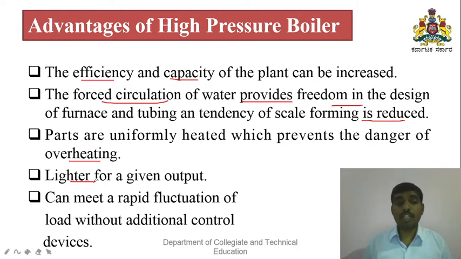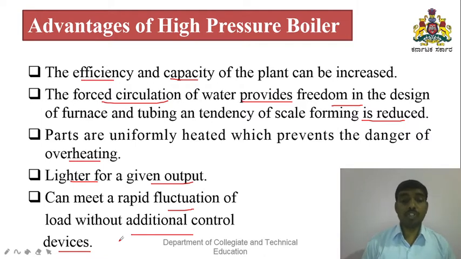Again, it is lighter for a given output, and can meet rapid fluctuations of load without additional control devices. This boiler does not require any extra devices to manage the load factor; by itself we can meet the fluctuating demand throughout the year or at any time.